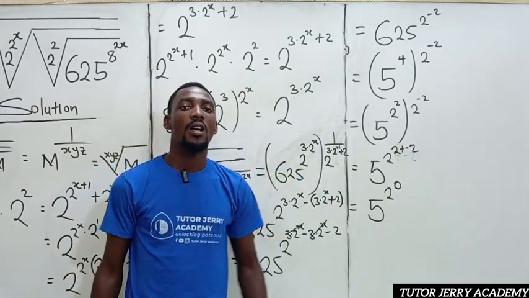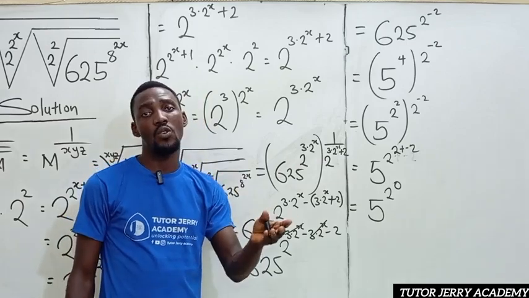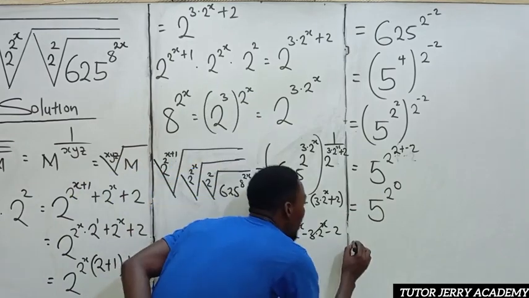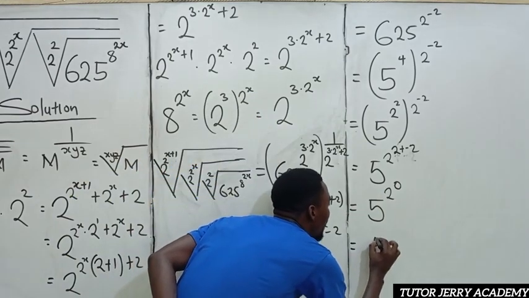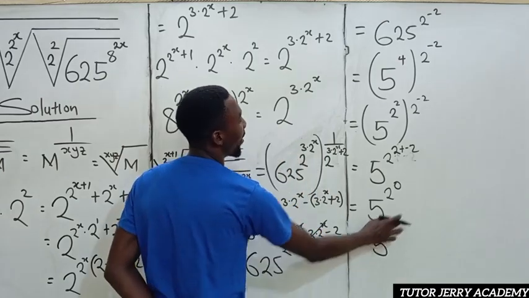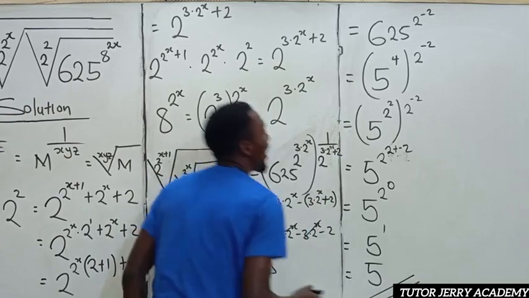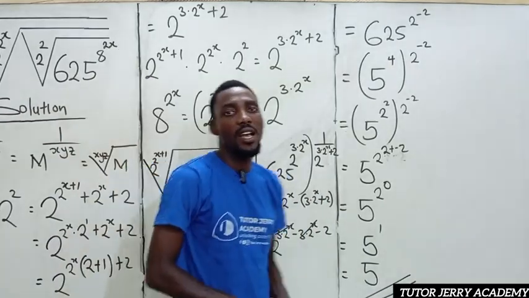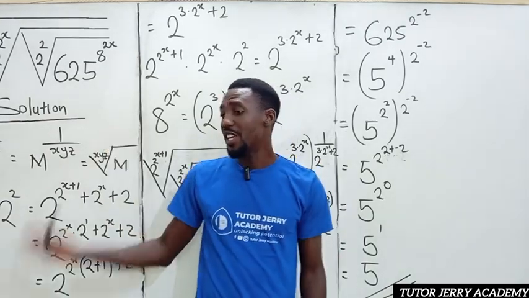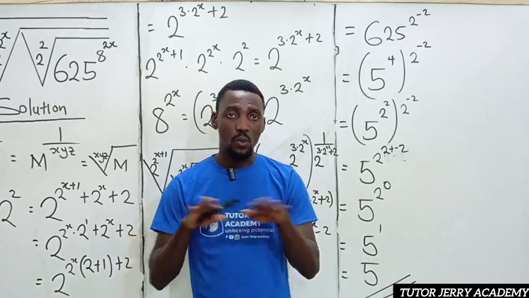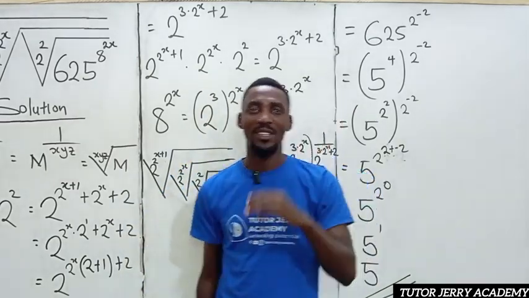And any number to the power of 0 is nothing but 1. So 2 to the power of 0 is 1. So we are going to have 5 to the power of 1, and 5 to the power of 1 is nothing but 5. Therefore the solution to this question is nothing but 5. I hope it is well simplified. Let me know that in the comment section. Thanks.